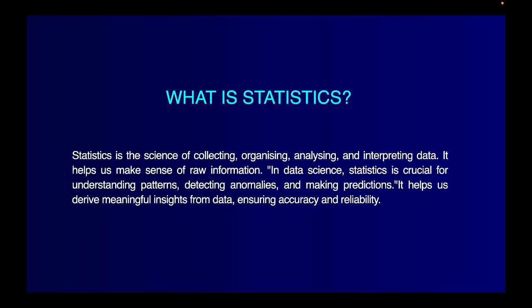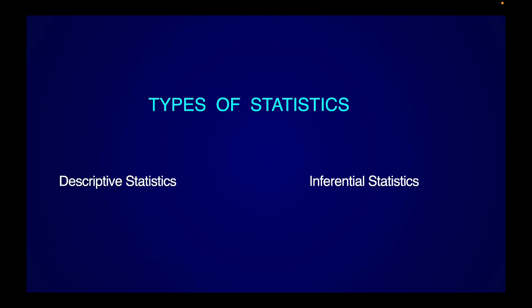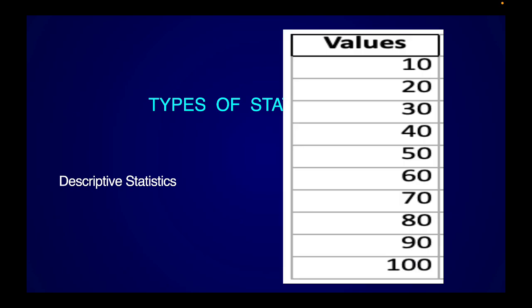So what happens in statistics? There are two main types of statistics: descriptive statistics and inferential statistics. In descriptive statistics, it summarizes and presents data. Think of it like we are having numerical data. In a dataset we have columns with numerical values, like students' scores in an exam stored in one column.